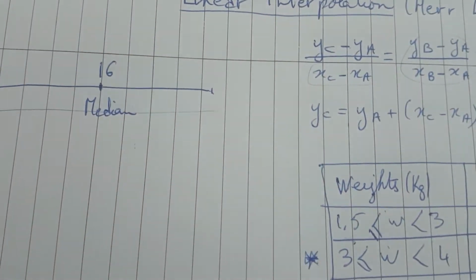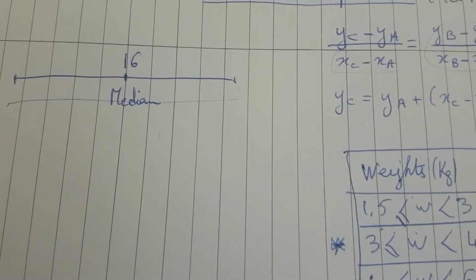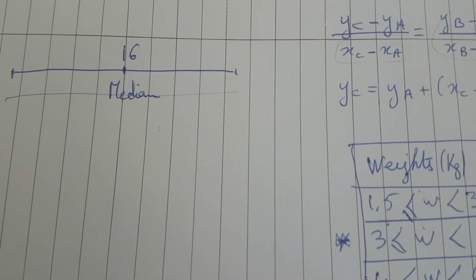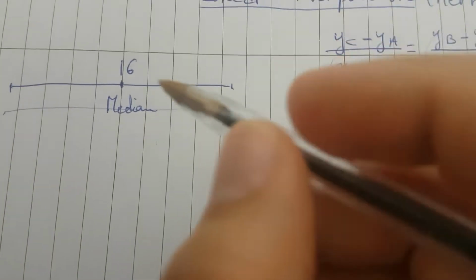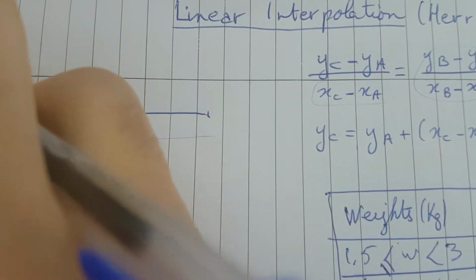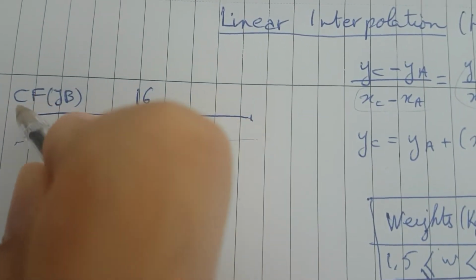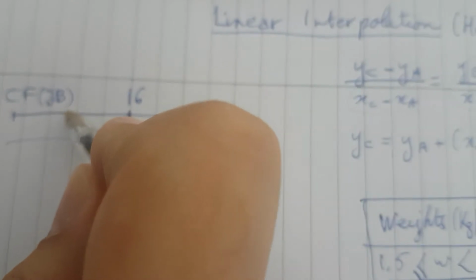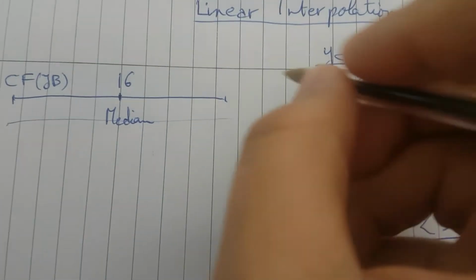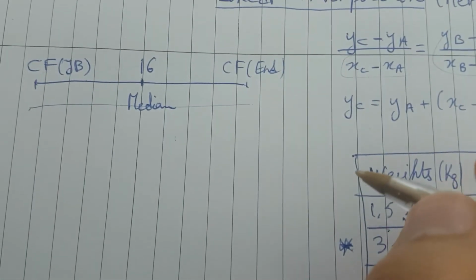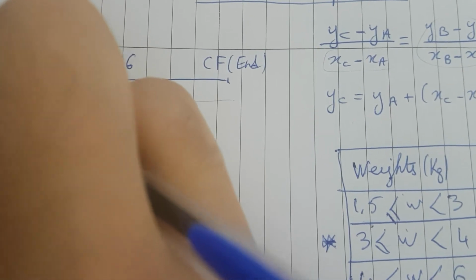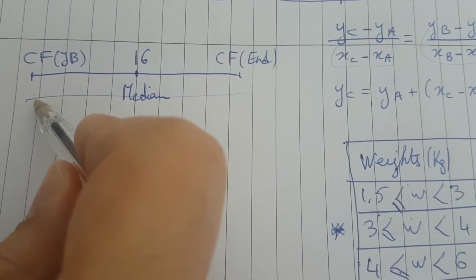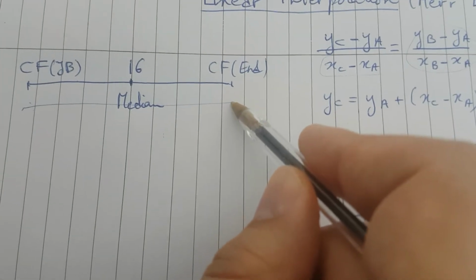At the top we have the position and the frequencies: the cumulative frequency just before the class interval we are interested in, and the cumulative frequency at the end of the interval. Below, the value at the start of the interval and the value at the end of the interval.